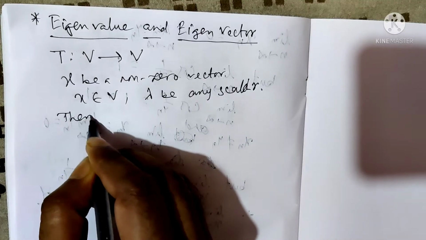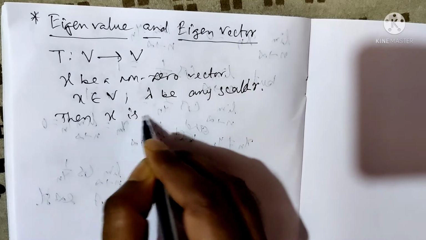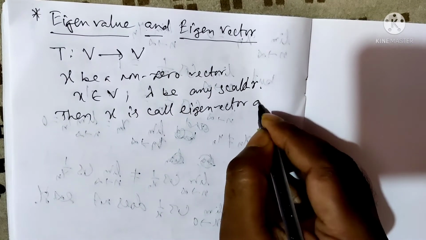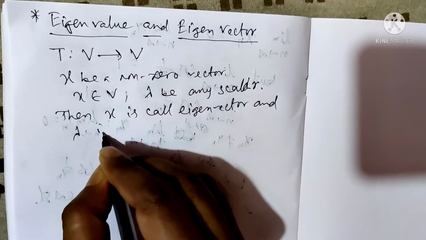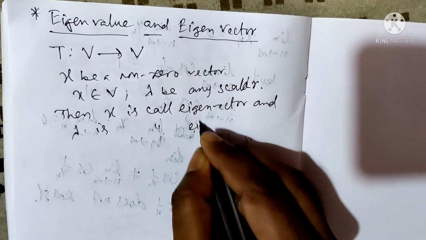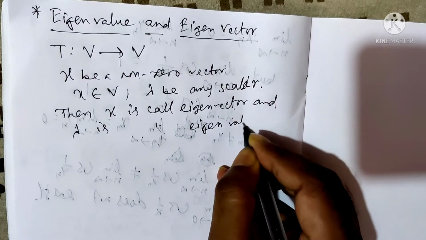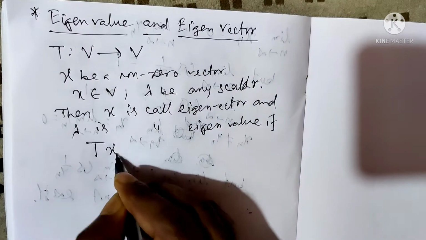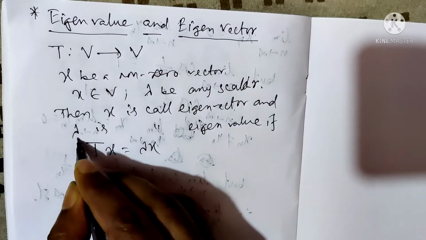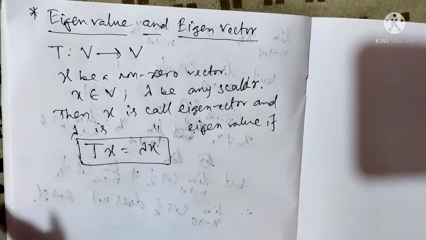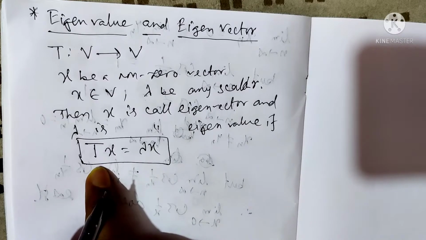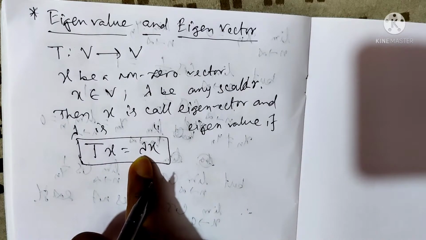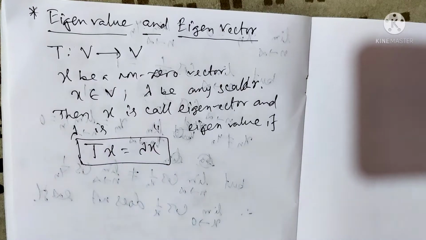Then X is called eigenvector and lambda is called eigenvalue if T of X equals lambda X is satisfied. If this satisfies, then X is called eigenvector and lambda is called eigenvalue, where X is non-zero.